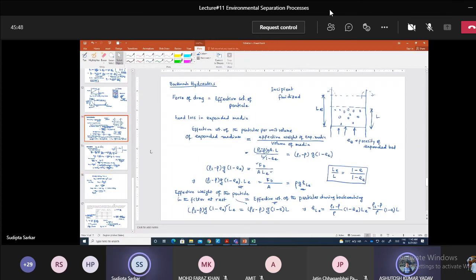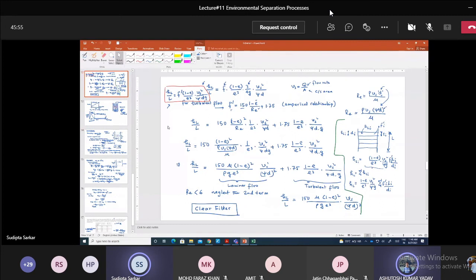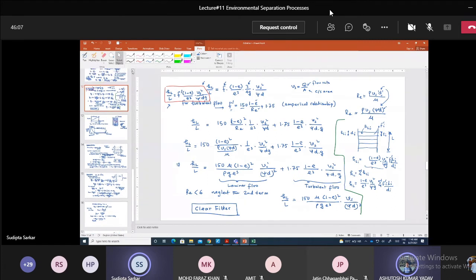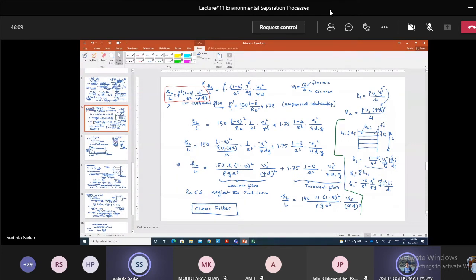So you mean to say when E is the void ratio that we use, right? No, porosity. E is the porosity, right? Porosity is pore volume per unit volume of the bed. So when we say E, we say it's the porosity of the bed.